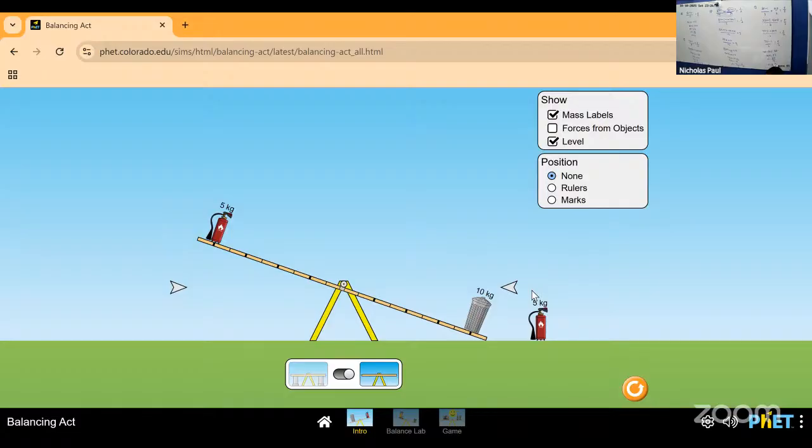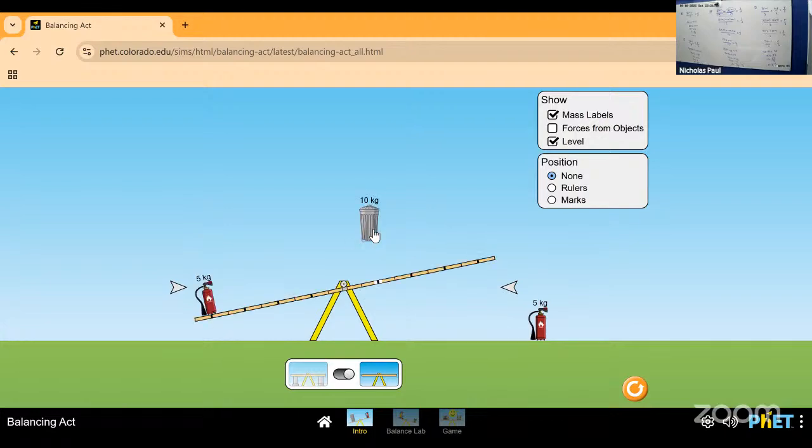Let me see, so we have 1, 2, 3 or 4. Where do I put it? You are starting from the pivot. All the counting happens from the pivot. So here's 1, and 2. Put it in 2.